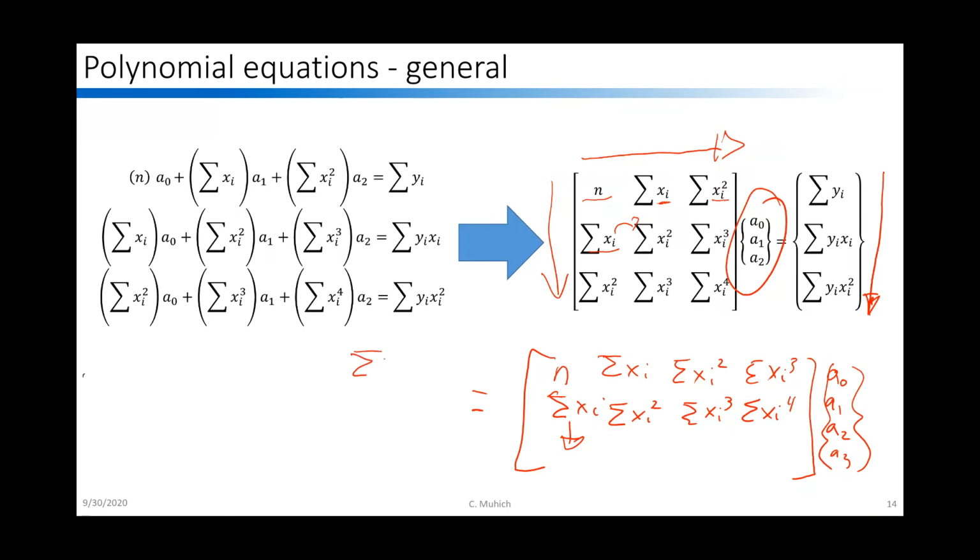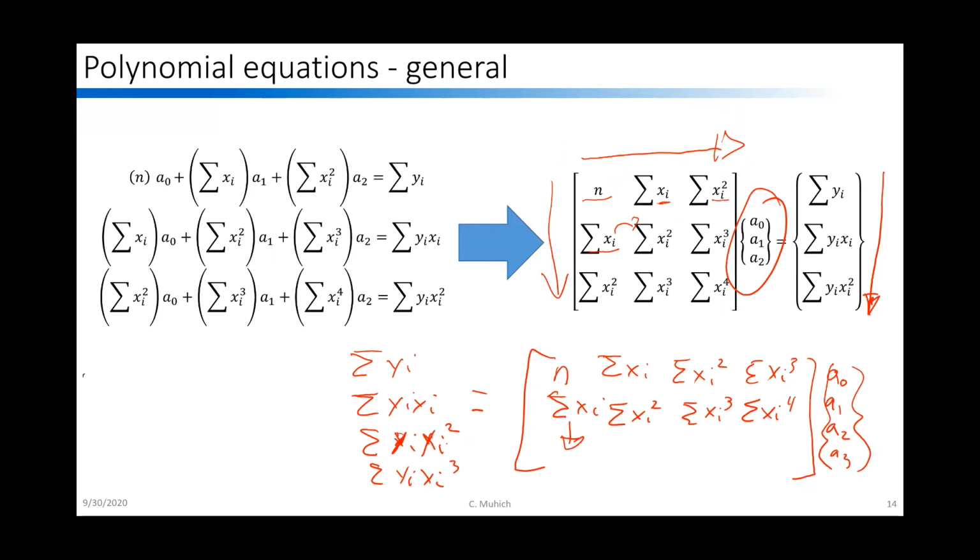So we could say sum of yi, sum of yi xi, sum of yi xi squared, sum of yi xi cubed, right? So we can turn this formula very generic.